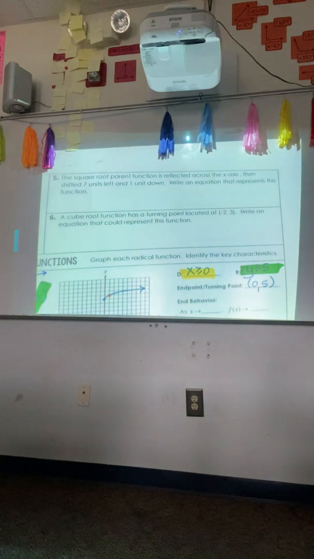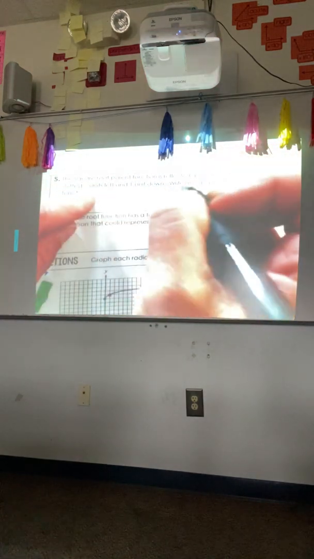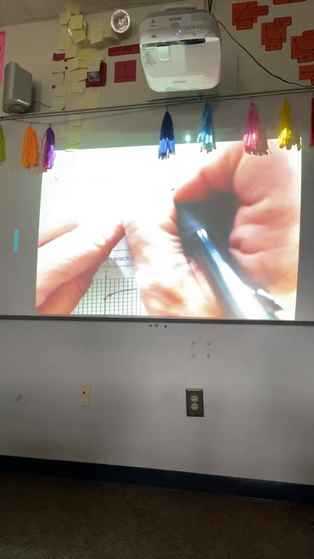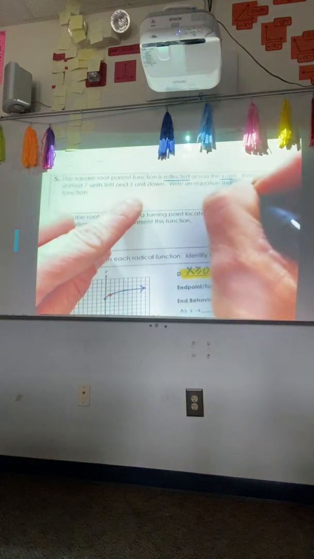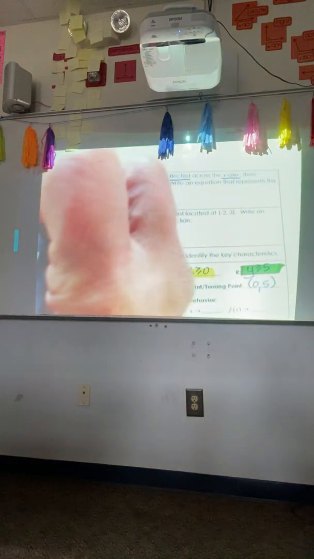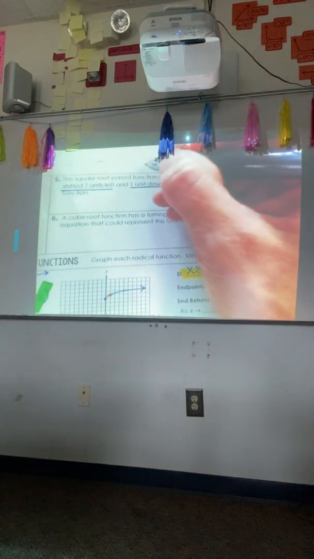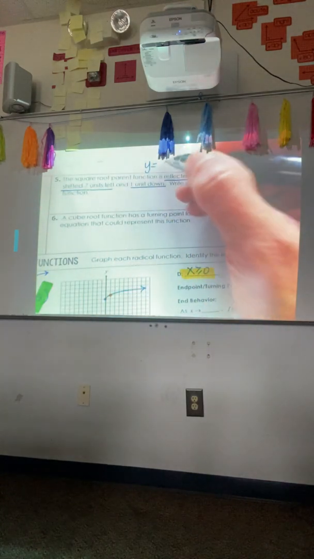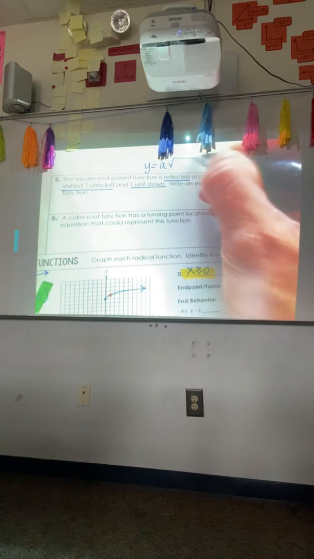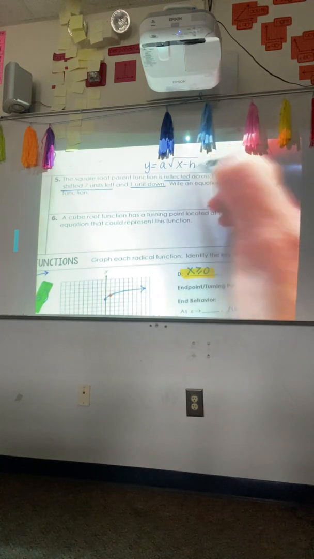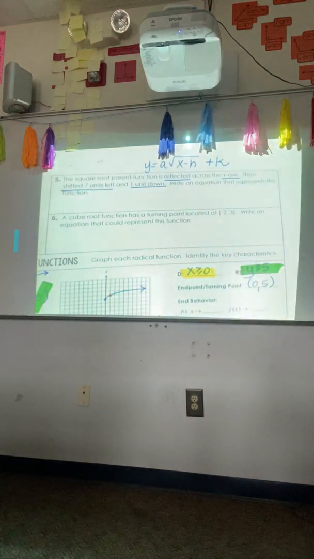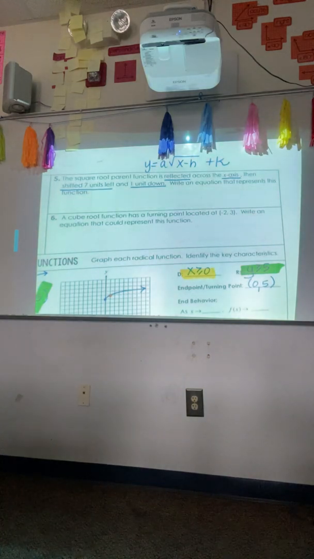It says a square root parent function is reflected across the x-axis, shifted 7 units left, 1 unit down. So I'm going to go ahead and write my equation. It looks like this: y equals a square root of x minus h, plus k. That's from the front page.